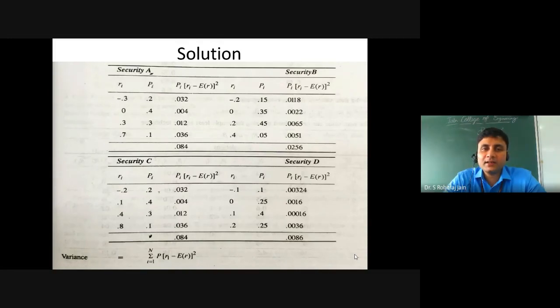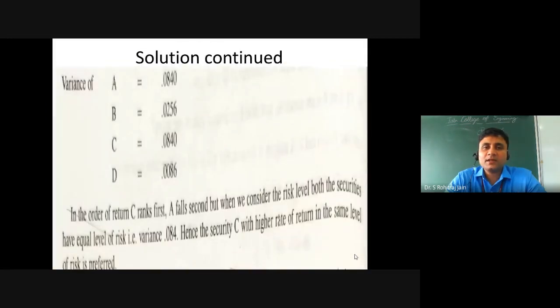0.09. So what I have solved, students, till now: I have solved the expected return of security A, and the expected return of security B, C, and D. In a similar way, I have solved the variance of all the stocks. So see there. In the notes, when you are solving this particular problem, all of you please understand.